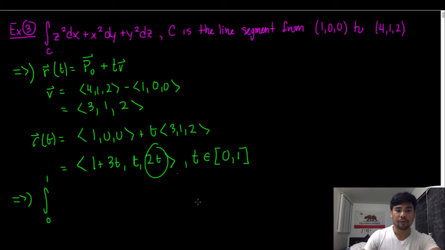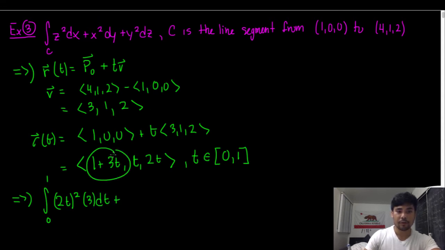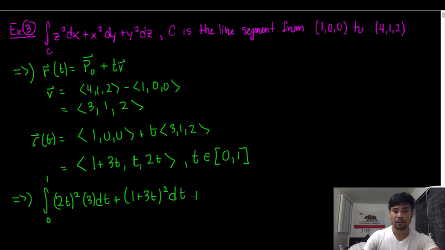Looks like z is 2t, so we'll have 2t squared multiplied by dx, the differential of this x here with variable t will just be a 3 dt, plus x squared being 1 plus 3t, we're going to square that, and then a dy will just be a 1 dt, plus y squared, which is t squared, and then a dz will be a 2 dt.